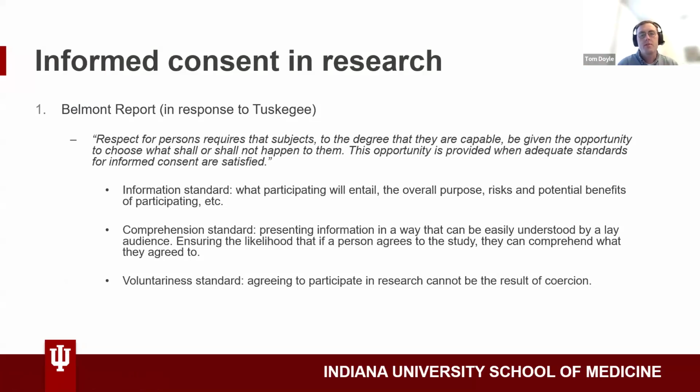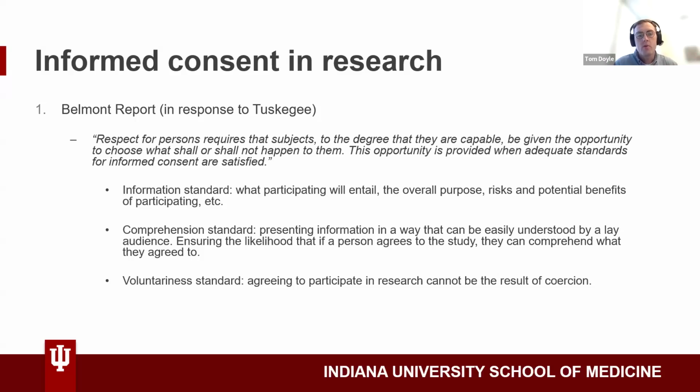There's definitely a history of informed consent prior to the Belmont Report, but it really starts with this foundational document in bioethics, which was in response to the horrific and unethical experimentation at Tuskegee. Can't go into that today, but that's where the impetus behind making informed consent into a rule of the law became a thing.